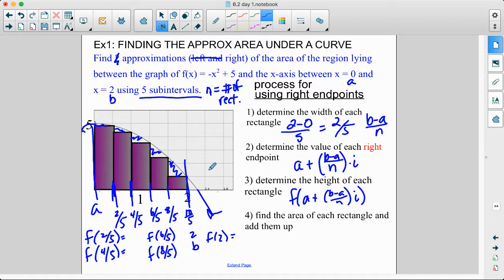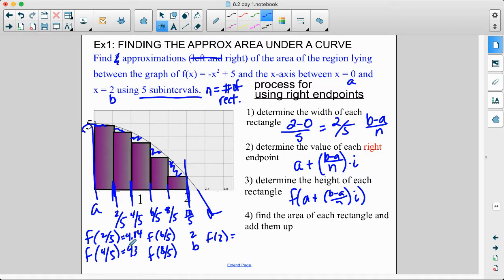and then go back to your home screen and do vars, y-vars function, y1, and then parentheses 2/5. So you have y1 of 2/5, and you get 4.84. And then do the same thing, y1 of 4/5, and you get 4.36.